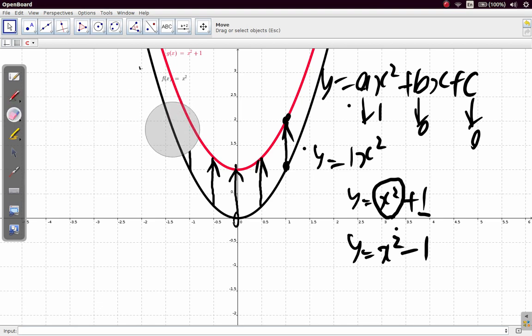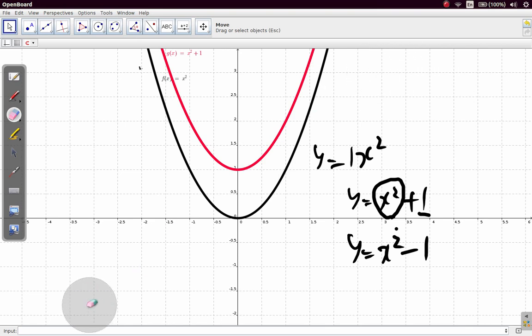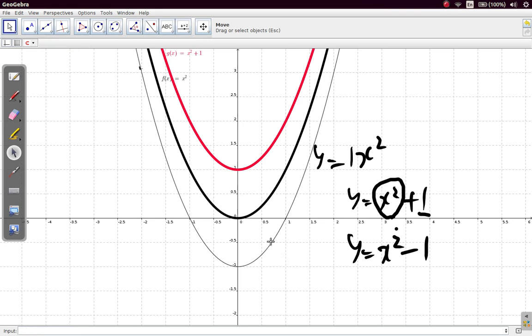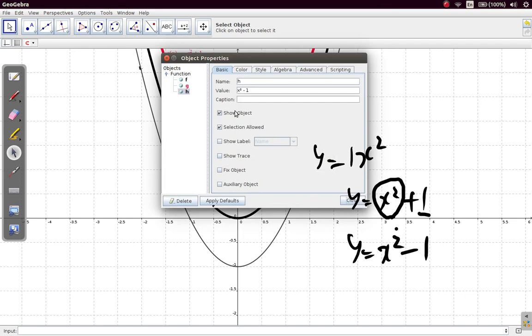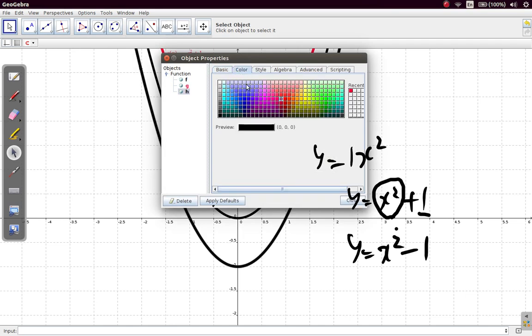So let's see. Let me erase these things first. Let us plot y equals x to the power of 2 minus 1. Alright. Let's just make this line thicker, and let's change the color to blue.